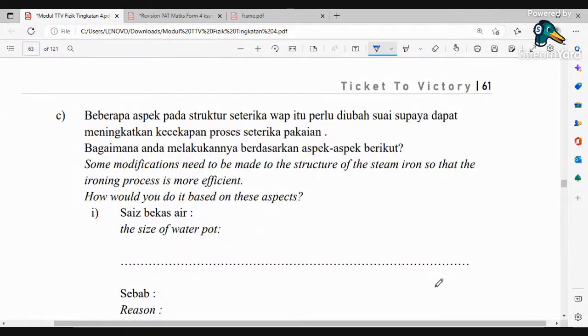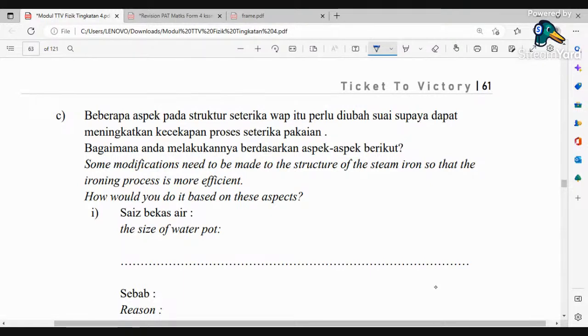Okay, some modification need to be made to the structure of steam iron so that the ironing process is more efficient. Okay, so how would you do it based on this aspect? First is size of water pot. Water pot, we put water and then water will change to steam.